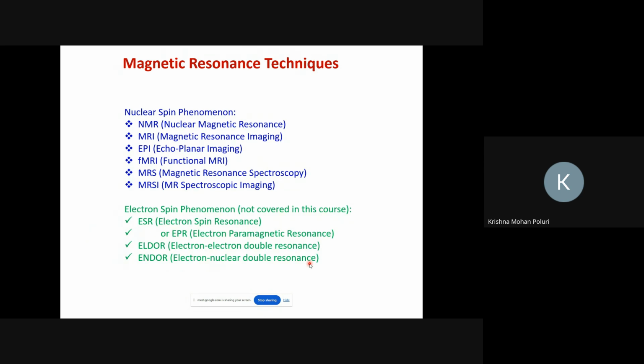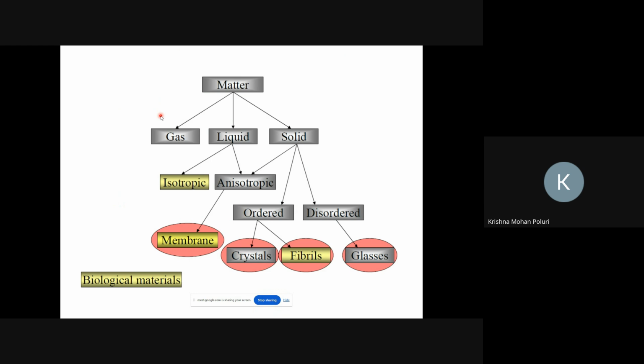We have several of these techniques, of which we majorly use nuclear magnetic resonance spectroscopy, magnetic resonance imaging, and also something called electron spin resonance spectroscopy. These all essentially deal with either nuclear spin or electron spin.